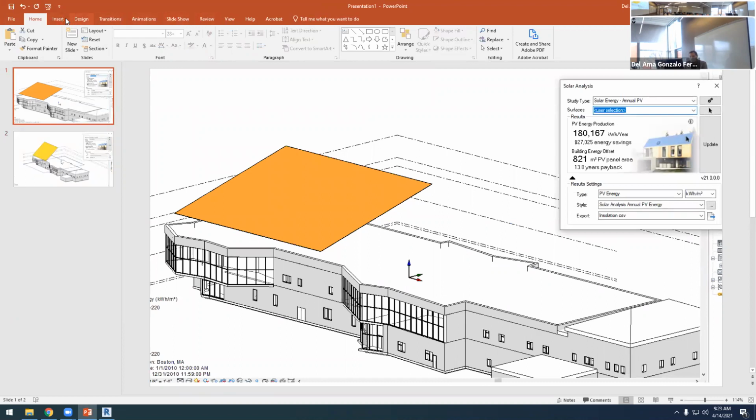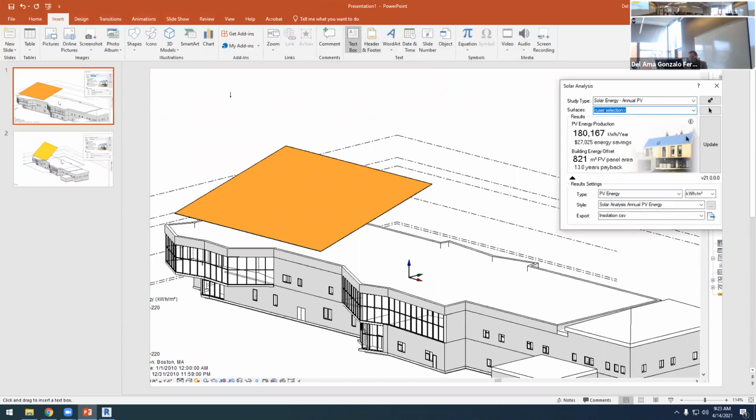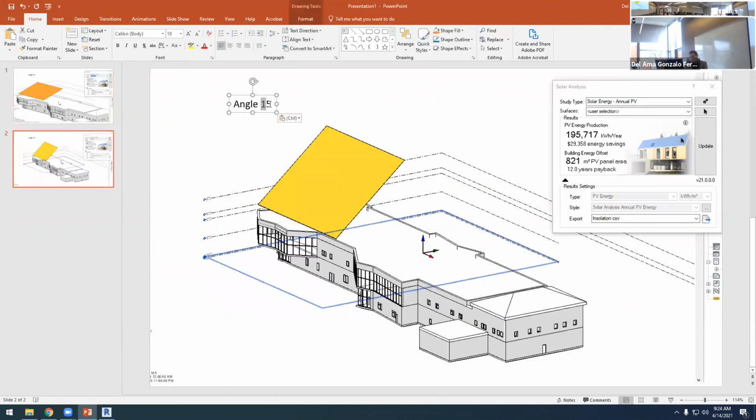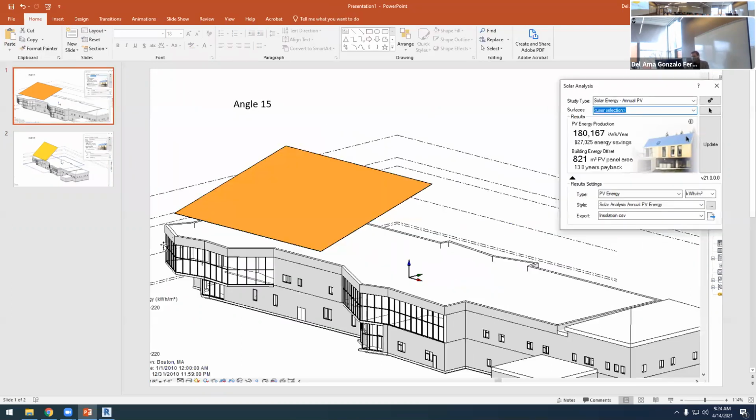So I'm going to insert text. This is the angle. It's 15. And here the angle is 40. Okay. We can try 20, 25.